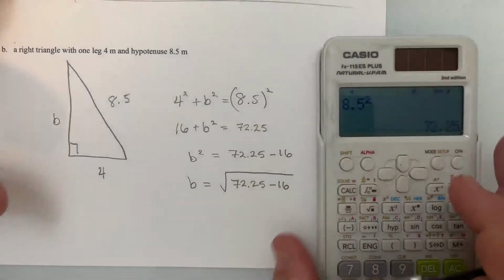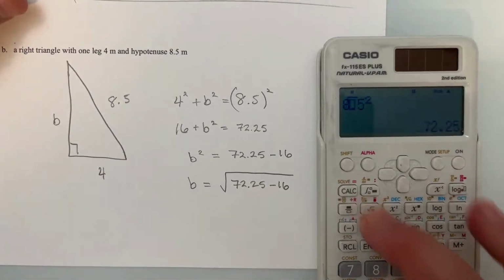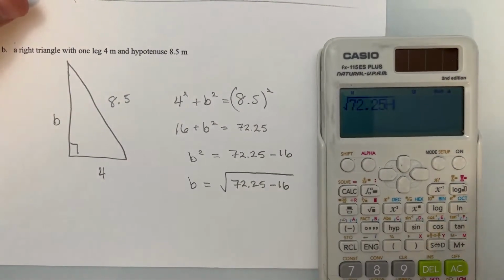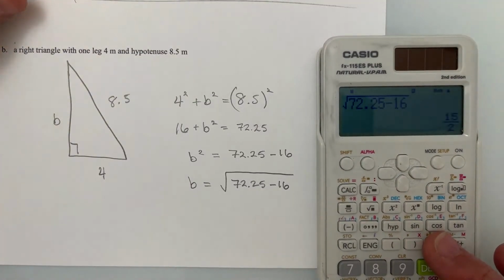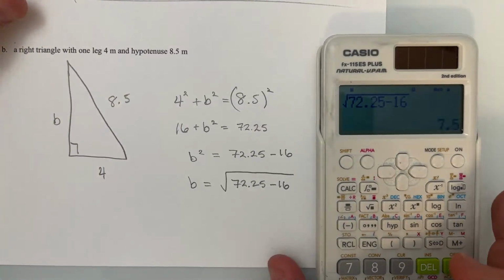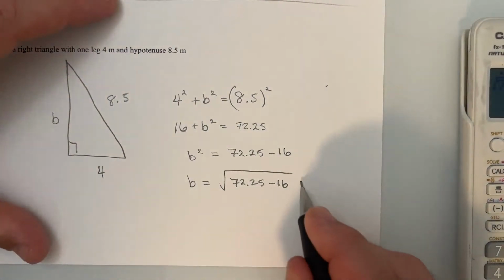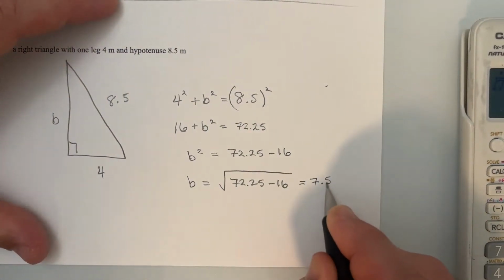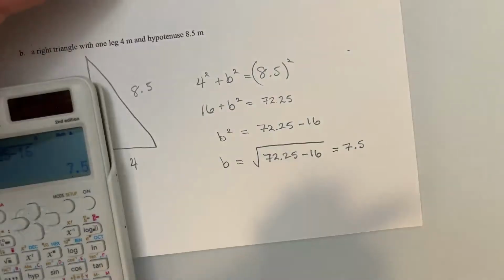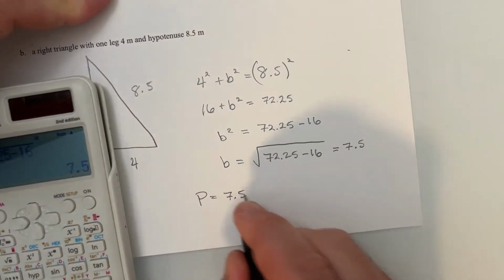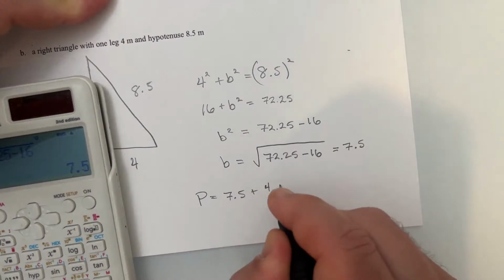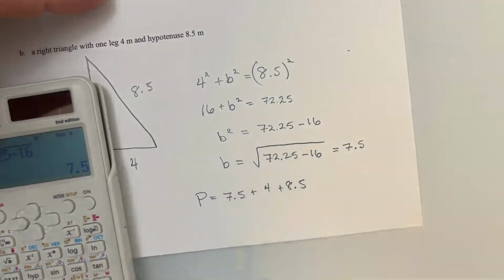Let's see what that is. It's 7.5. So perimeter is going to be 7.5 plus 4 plus 8.5.